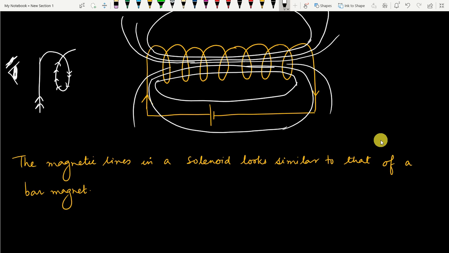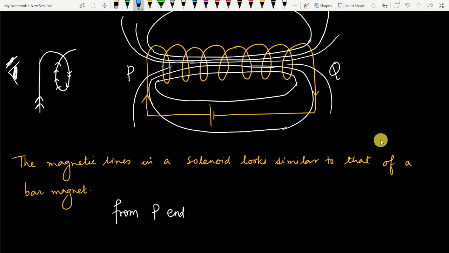So if I mark this as point P and this as point Q, from the P end, what is the direction of current? The direction of current is clockwise in the loop. This is the direction of current.